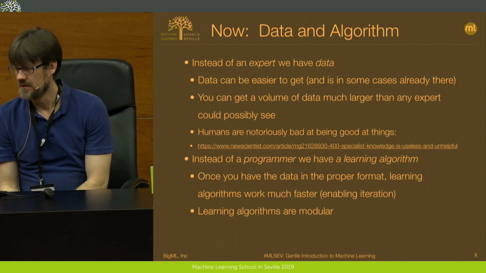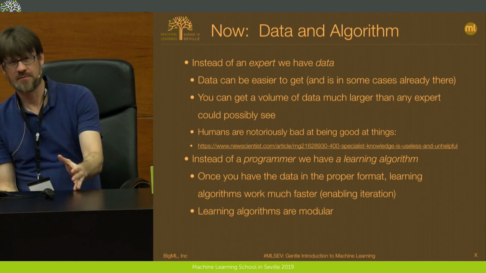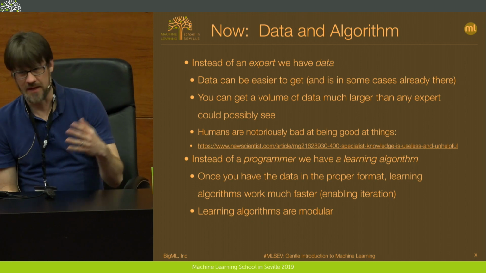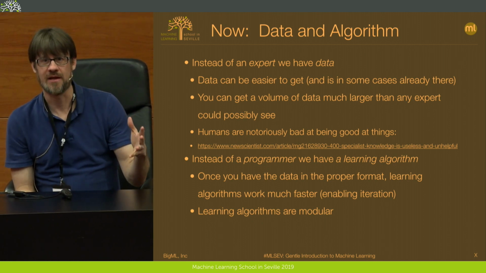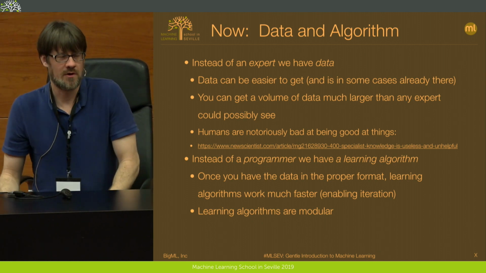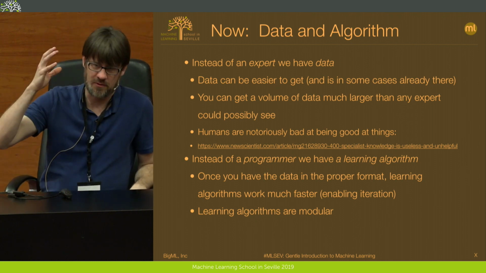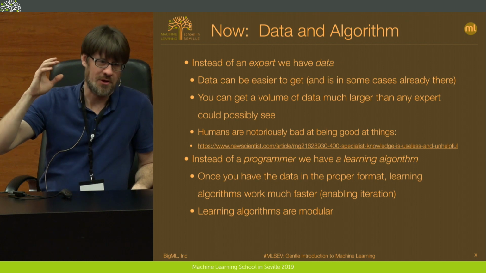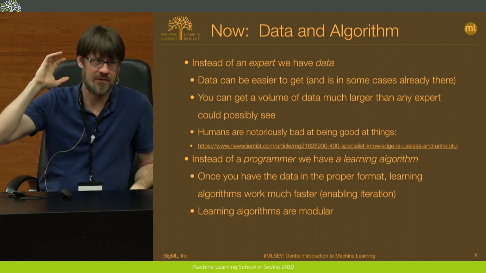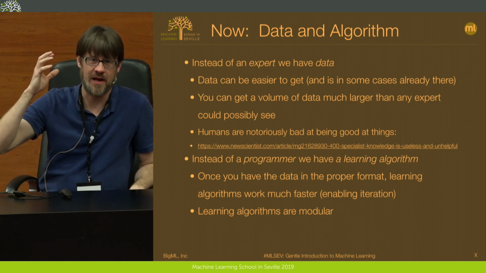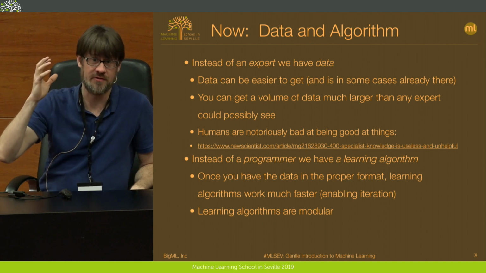kind of advantage that data has over experts is that experts can be notoriously bad at being experts. So if you're an expert at something, you're still a human being, right? You're still subject to all sorts of biases, confirmation bias and recency bias and all the little psychological tricks our minds play on us to make us bad at actually understanding facts, right?